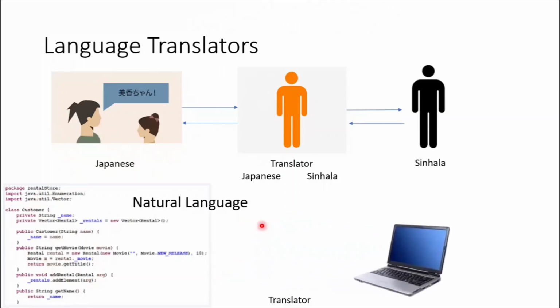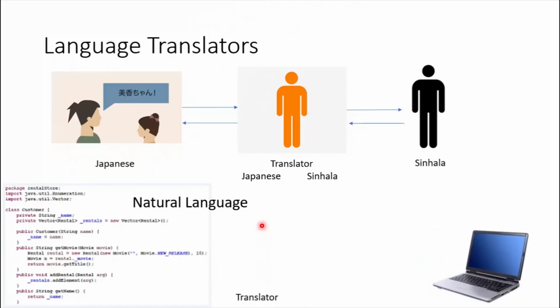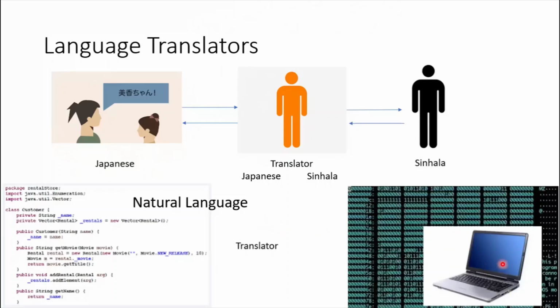So what we require is a translator to make sure the computer can understand, the machine language. This computer would not understand this language. So we need to translate using a translator. We need to translate to ones and zeros. As a human, you may not understand what this is. This is ones and zeros, a set of ones and zeros. But the computer would understand these ones and zeros.